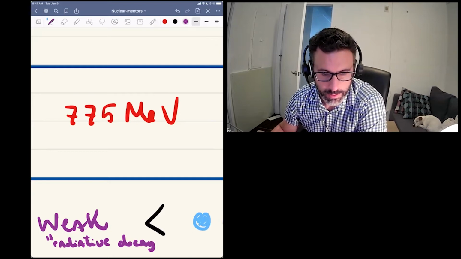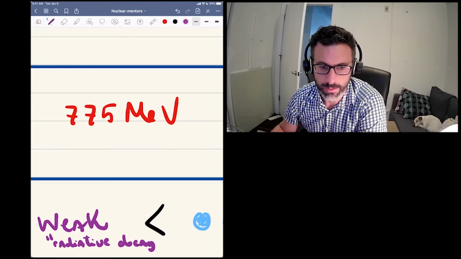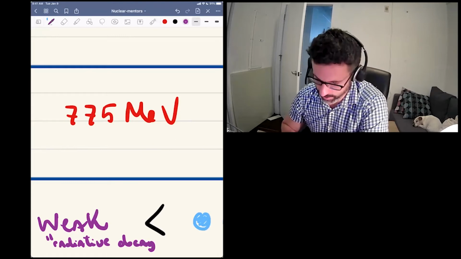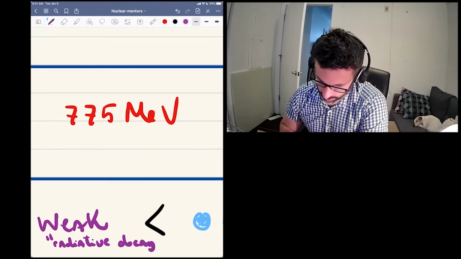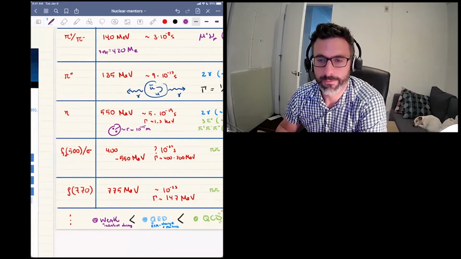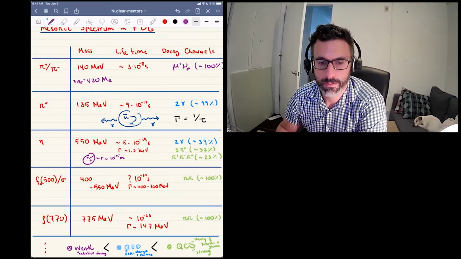Also, can we get all these particles using scalar field theories? No, these are not all scalar fields. A scalar field is the appropriate field to describe particles that have no spin.